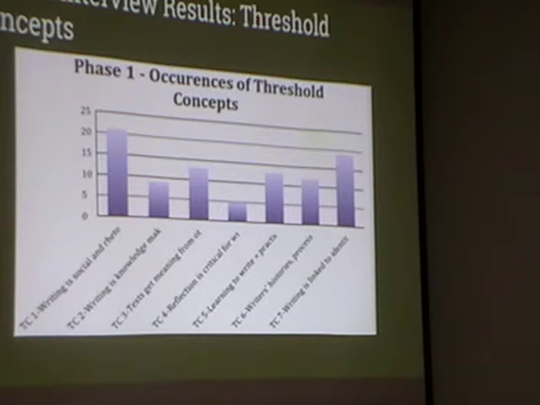And the last one, which is writing is linked to identity, which I found very interesting, since in a writing ecology, we think about being an individual and how we as an individual relate to our ecology. More on that in a second.